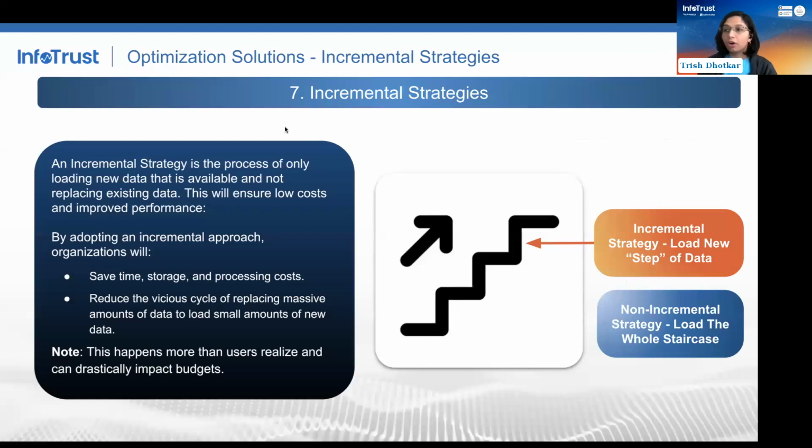The last one for optimization is incremental strategies. Once you have all these tables built up, it is very important how we make sure that the table is refreshed. So make sure that you're only refreshing the net delta there. We don't have to replace the entire table again and again. We can just take the deltas between maybe today's and yesterday's data, and take all of that into our tables.